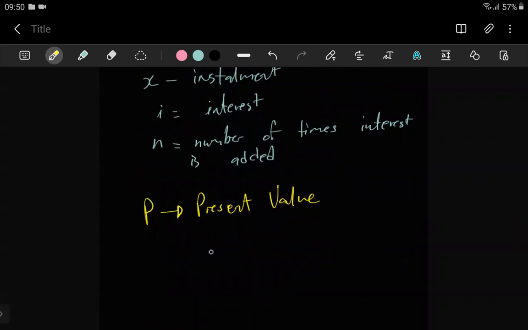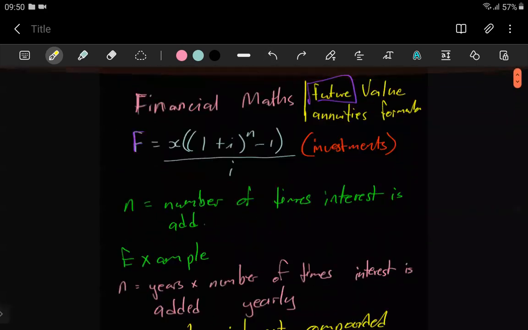Say if you borrow like 500,000, it's money you already have right now. With F, it's different because it's money that you're going to get after the time period has passed.